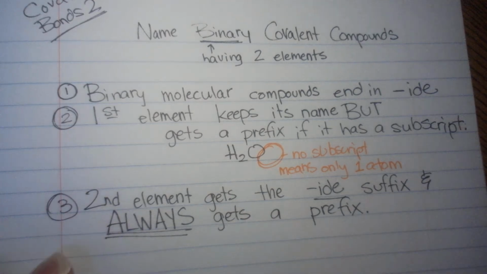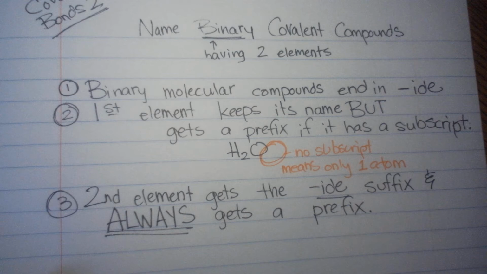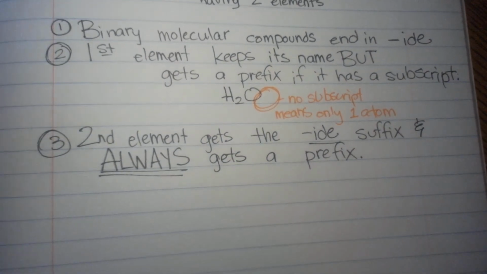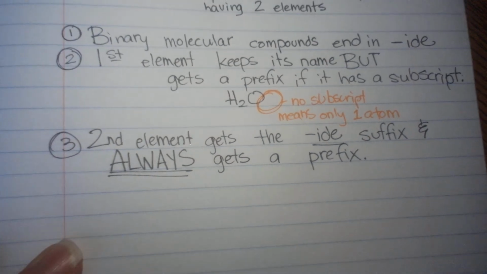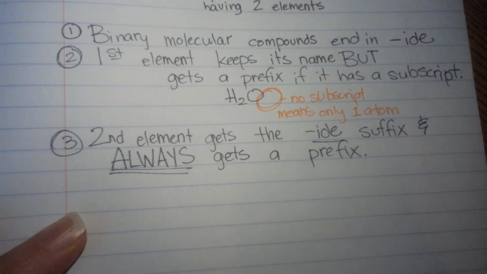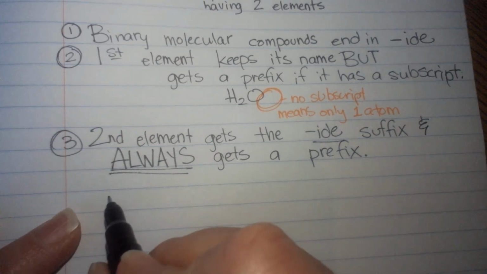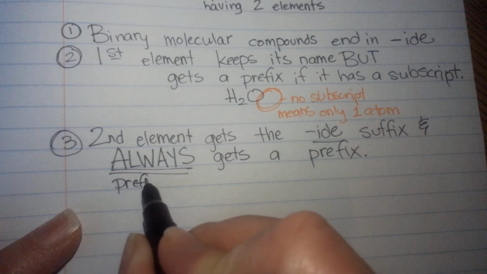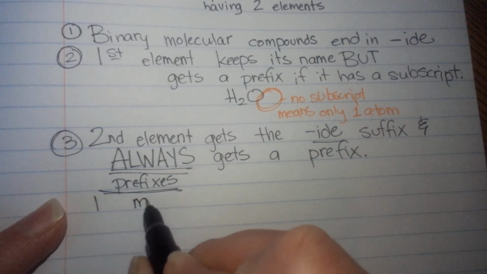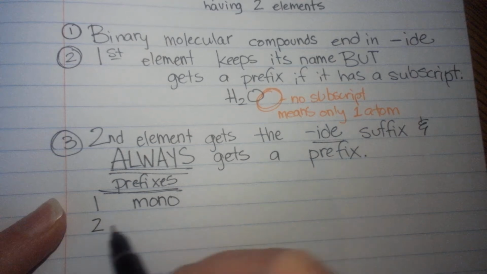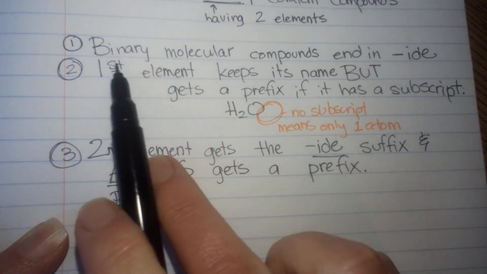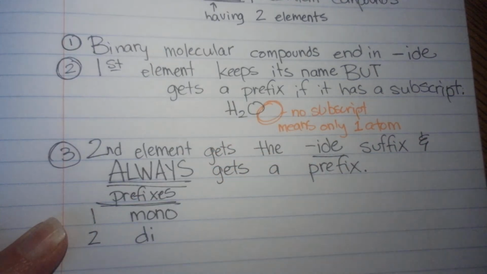So we're talking about these prefixes. What kind of prefixes do you think we're going to use? What do we care about with the formula? Maybe how many atoms are in the compound. So the prefixes that we're going to use are: 1 is mono, 2 is di, which I think it's ironic that we're going to use di naming binary compounds.